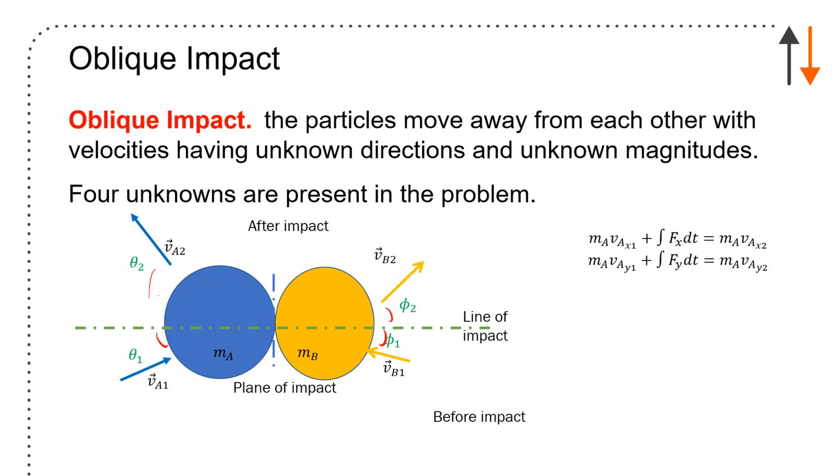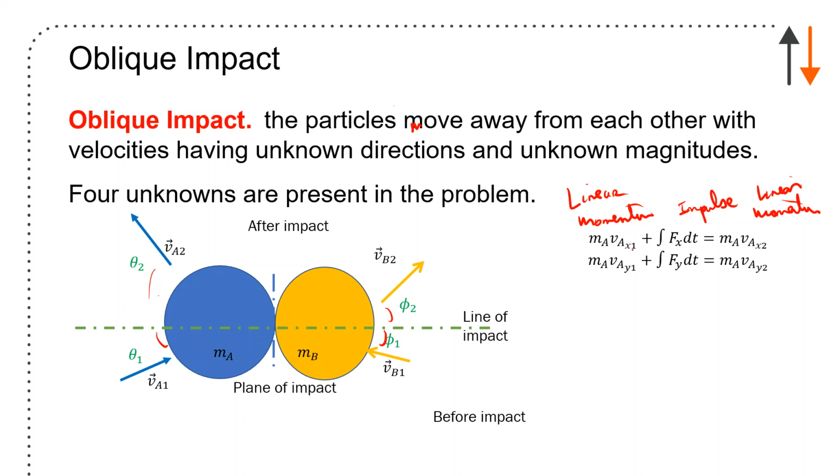My equations just become mA vAx1, and so on. I have the initial linear momentum, the final linear momentum, and the impulse delivered.